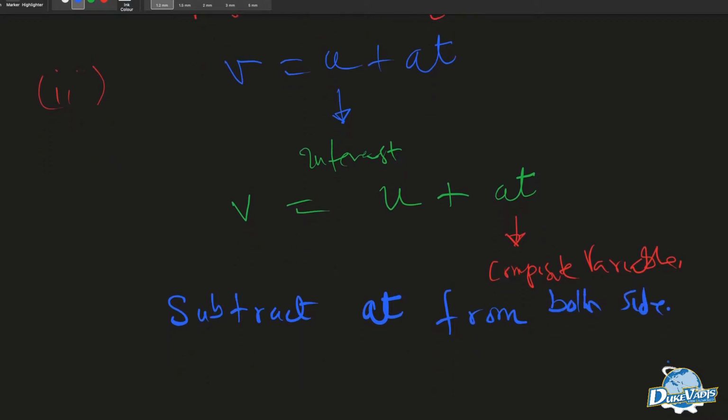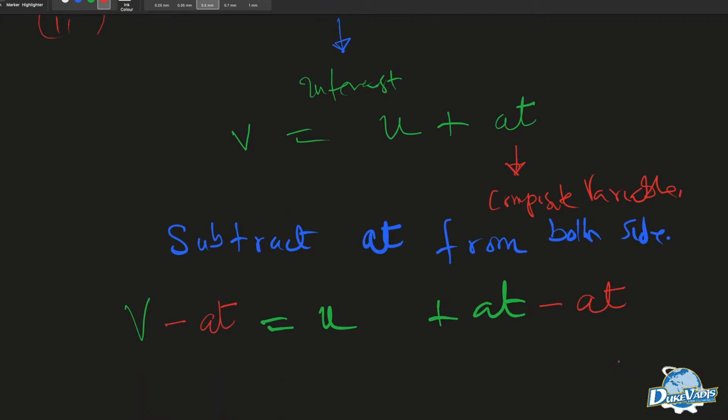So if that is the situation, let us do it step by step. We have V over here equals U plus AT. Now, let's see. Our V equals that. So I'm going to subtract AT from both sides. Let me symbolize it so that I'll subtract minus AT here, minus AT here.